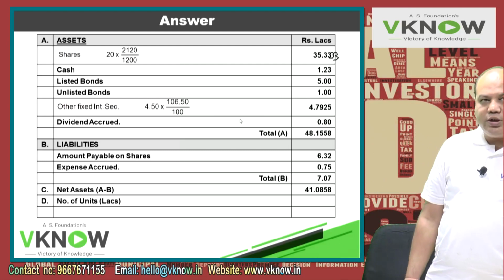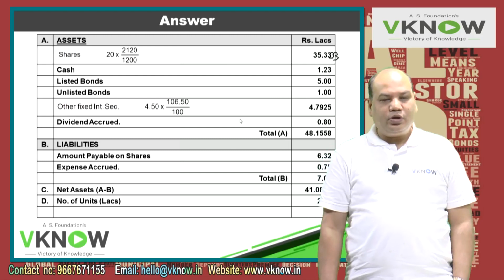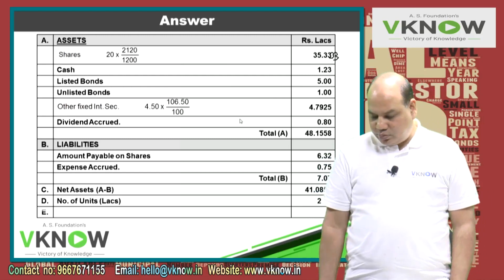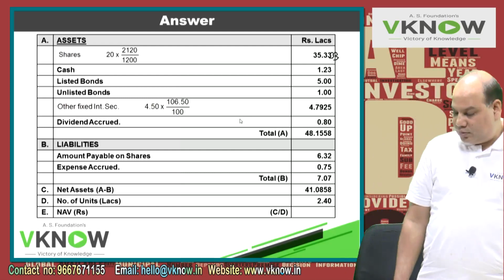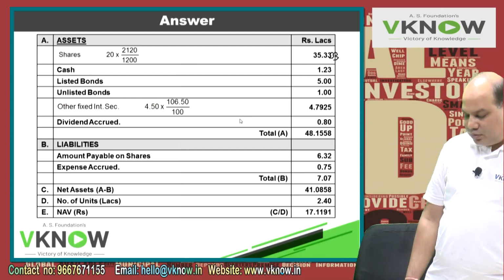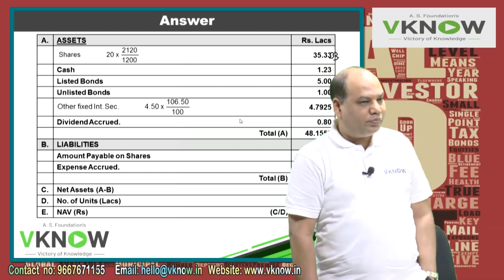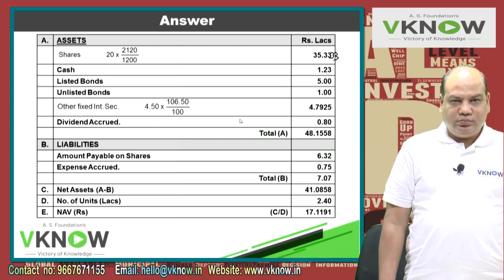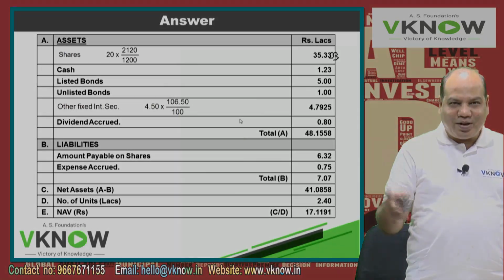Point D, number of units in lakhs, 2.40. Point E, NAV in rupees, C by D, 17.1191. This answer is over. Now we'll take a break.